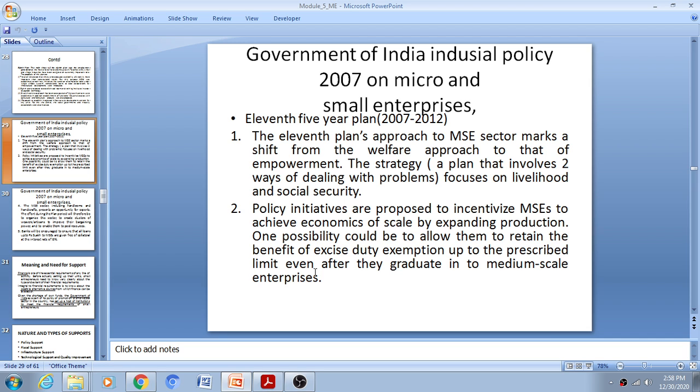That means if a small industry develops into a medium scale industry, since the root of that industry is a small scale industry, the Government of India continued the tax exemption for those industries. Okay, so these are the policies here.